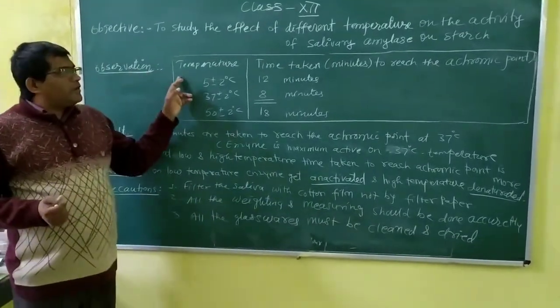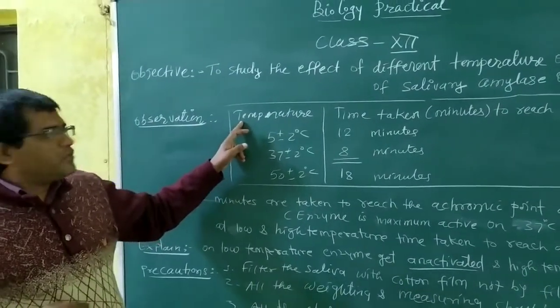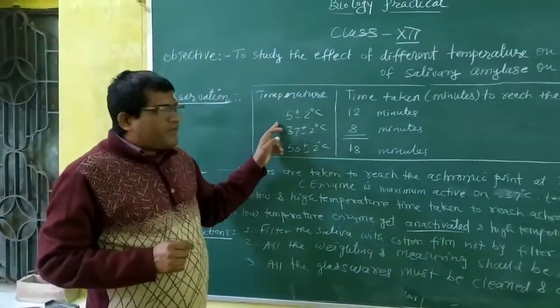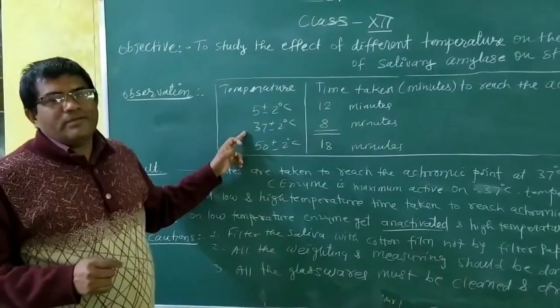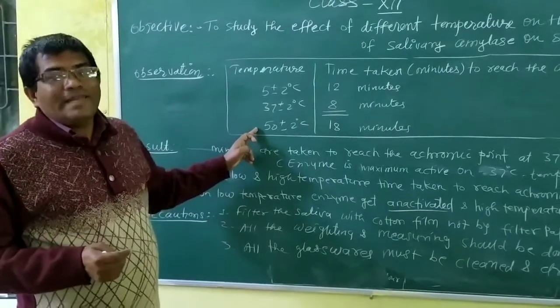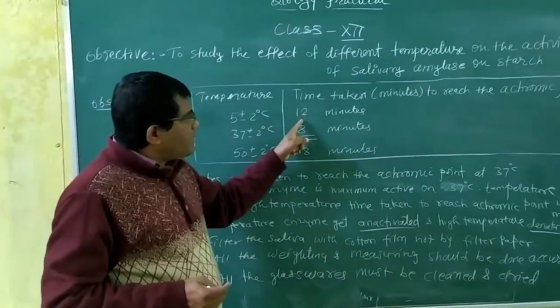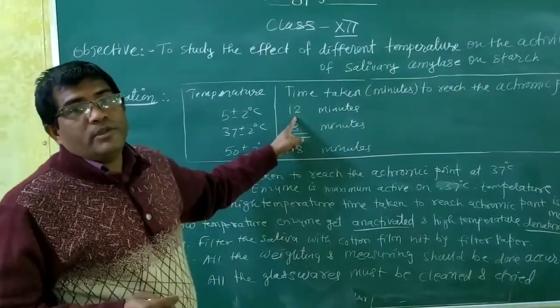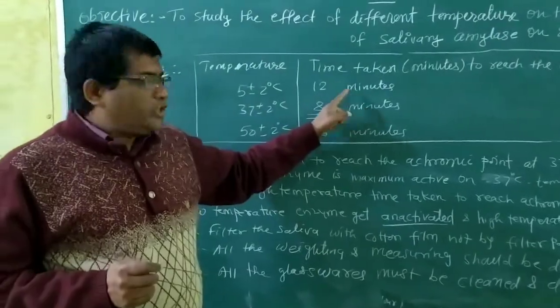Students, after our observation, we came to the conclusion regarding the different temperatures: 5 degree, 37 degree, and more than 50 degree Celsius. At 5 degree, the time taken for complete digestion of the starch by the salivary amylase is 12 minutes.